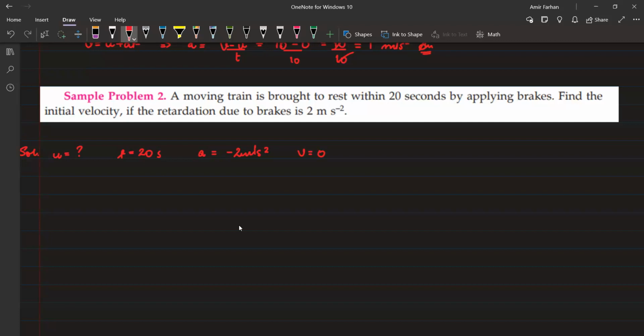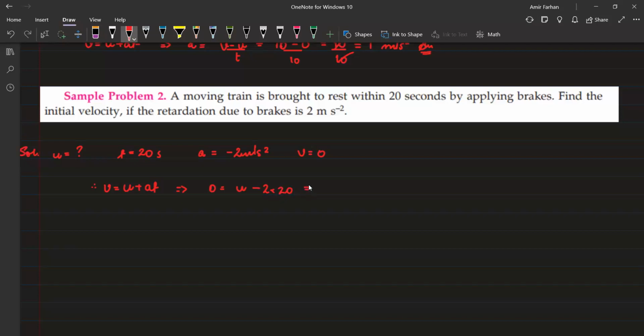V equals 0 plus at. Yes, absolutely correct, Heather. V equals U plus at, because there isn't any speed or distance mentioned in the question. So V is 0, and U we need to find out, plus minus 2 into 20. Sorry, it's 20.